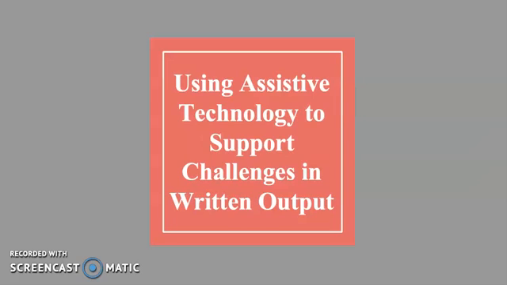So if you see a post on Facebook or hear someone say, what kind of assistive tech is good for an elementary school aged boy with autism? That's not enough information.